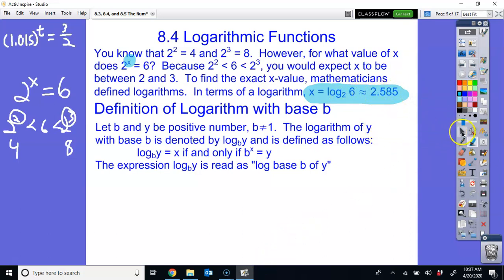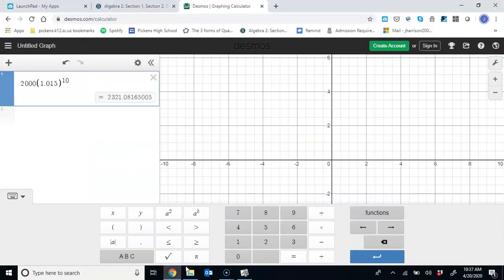What it literally means is that if I take the base 2 and raise it to the 2.585 power, I'm going to get 6. Now, obviously, it's not perfect, but 6.0001 is pretty close to 6, right?